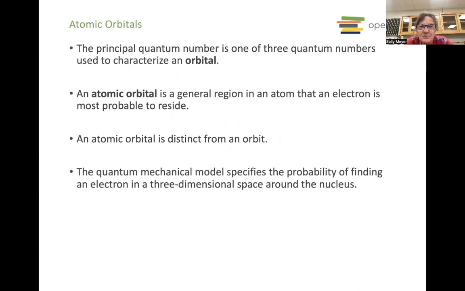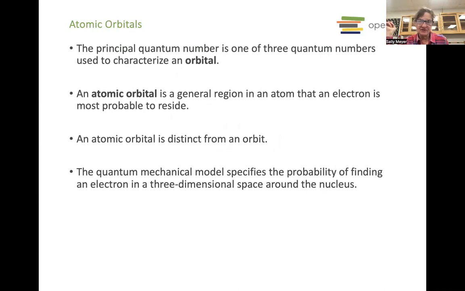Atomic orbitals. The principal quantum number is one of the 3 quantum numbers used to characterize an orbital. An atomic orbital is a general region in an atom that an electron is most probable to reside. When we look at the shapes of orbitals, we would know with a high probability that's where we'd find the electron if we measured its position over and over and over again.